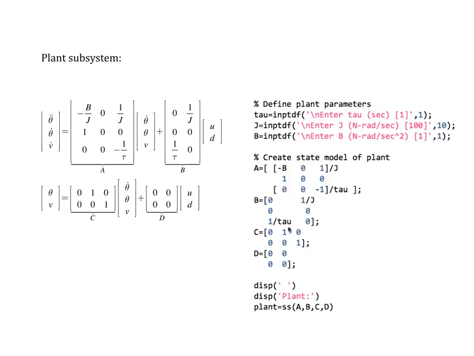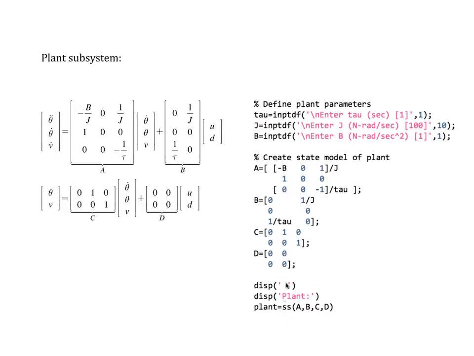Similarly, the B matrix is a 3 by 2 matrix, and it's pretty obvious what the elements are. Similarly, C is the 2 by 3 matrix, and D is a 2 by 2 matrix of all zeros.